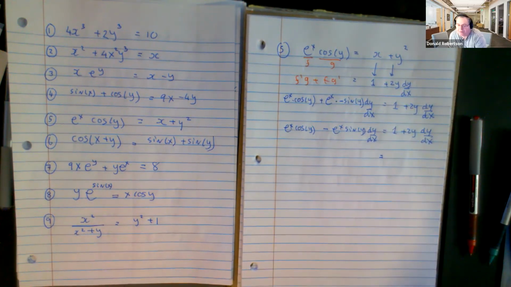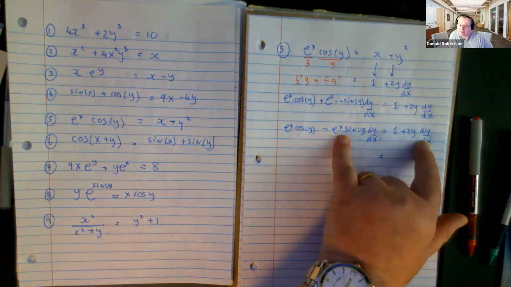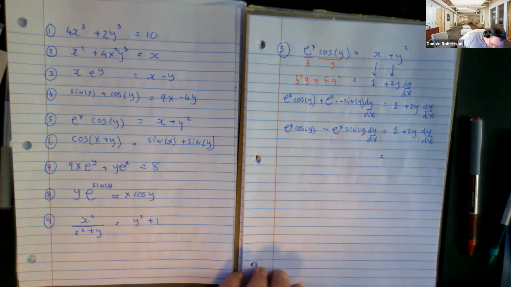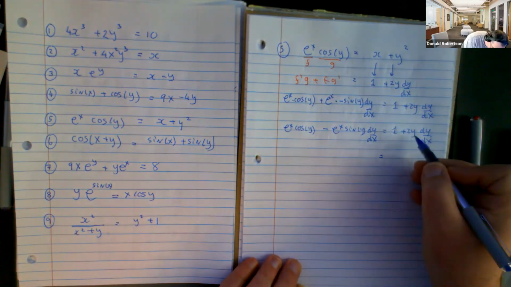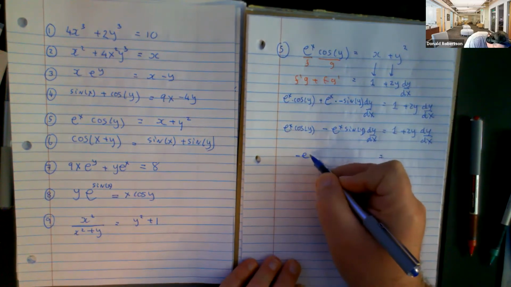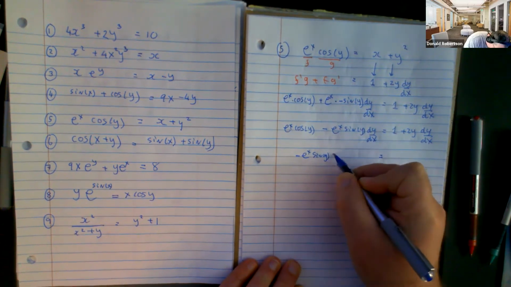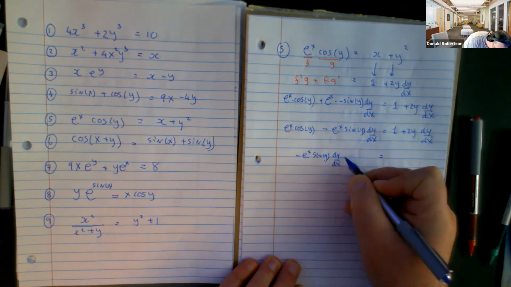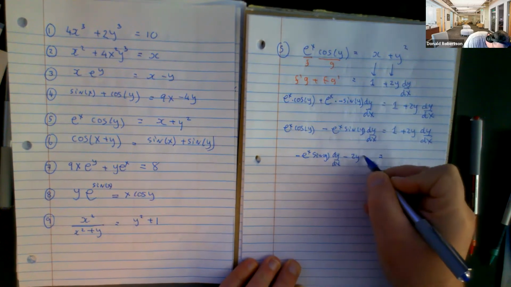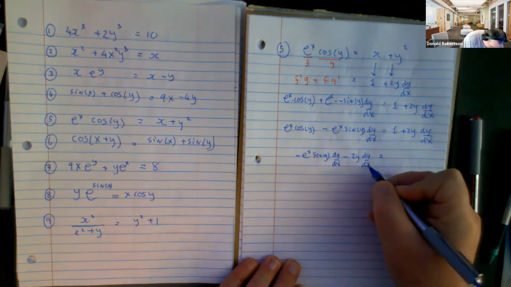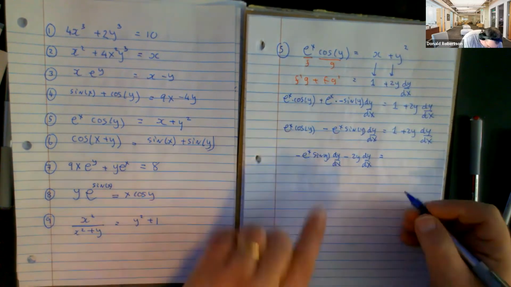This is very common. You notice that we've got two places again with dy by dx. So I am going to subtract 2y dy by dx from both sides. And I'm going to subtract that guy from both sides.